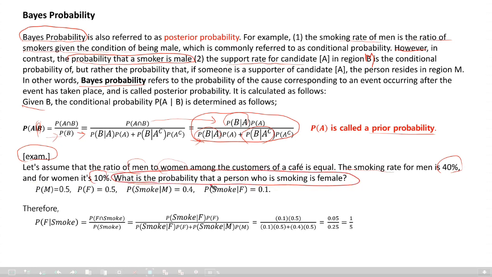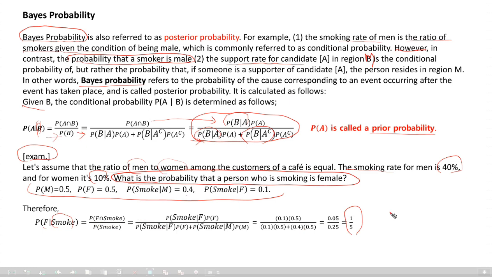It is a sort of conditional probability, but looks strange. The given conditions are probability of male 0.5, probability of female 0.5, male conditional probability of smoking 0.4, female smoking rate 0.1. These are given in the problem. So the probability of female given smoker is like this. Okay, so the result is 1/5.